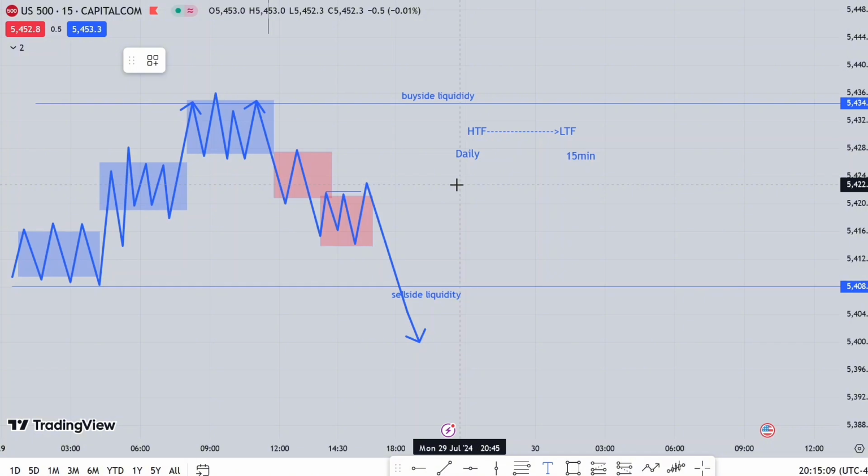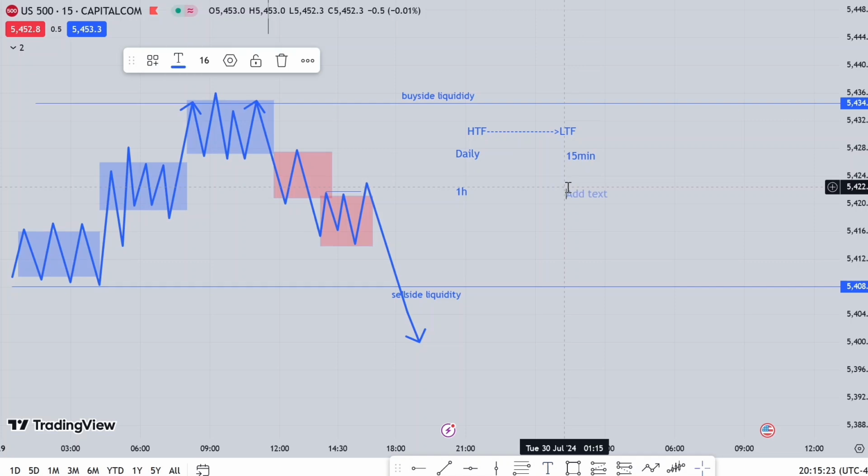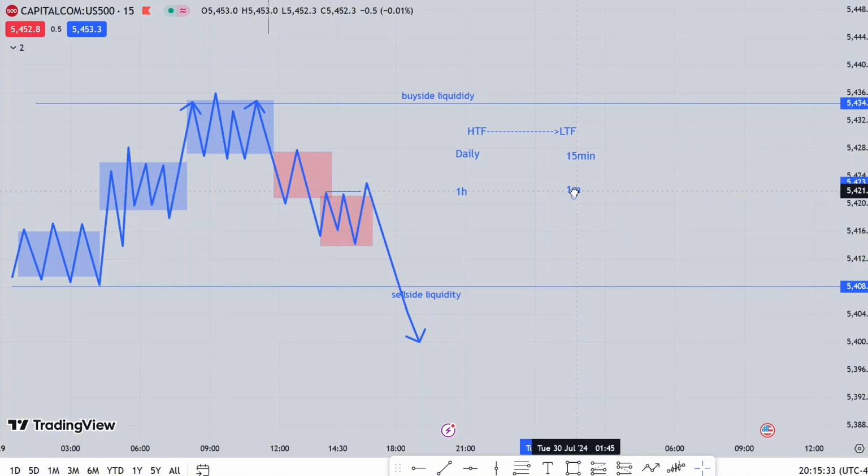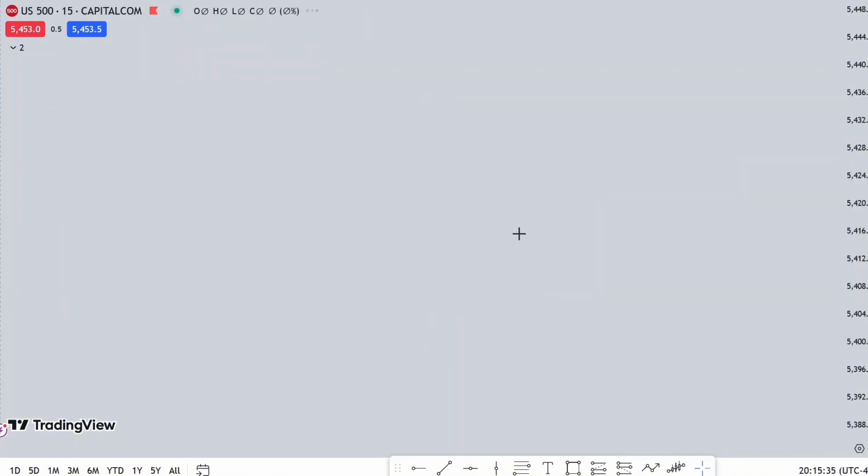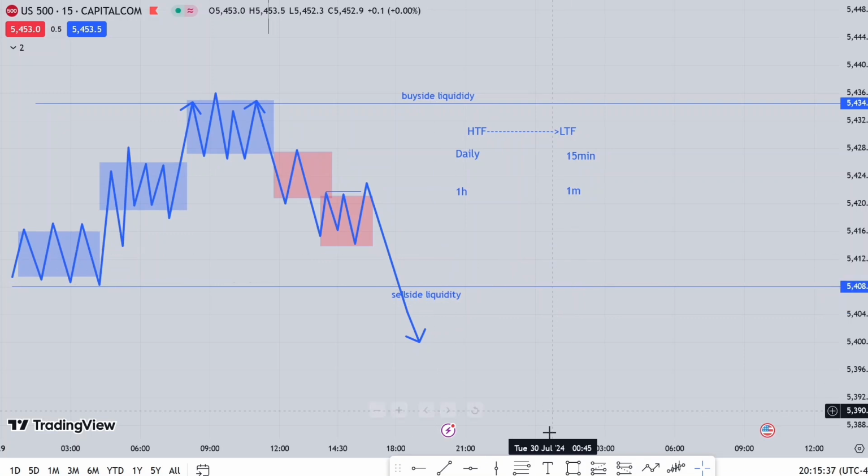So if you're trading the 1 hour as your higher time frame, the subordinate lower time frame where you'd want to see this fractal nature of price action take place is the 1 minute time frame. So the 1 minute will be your lower time frame when the 1 hour is the higher time frame.